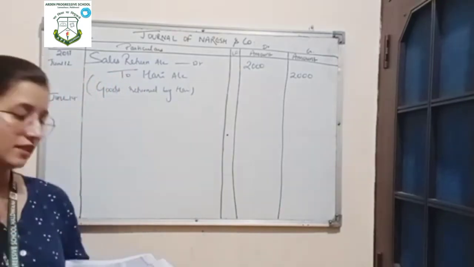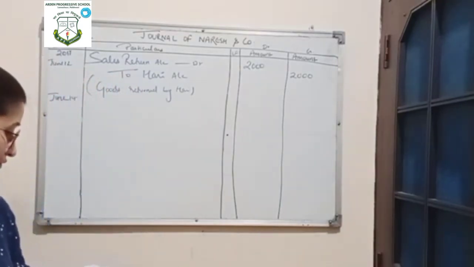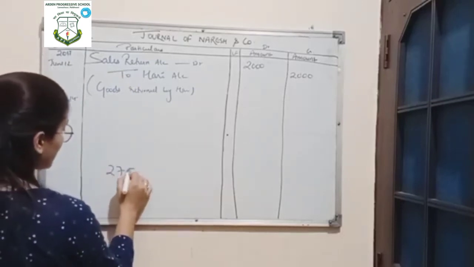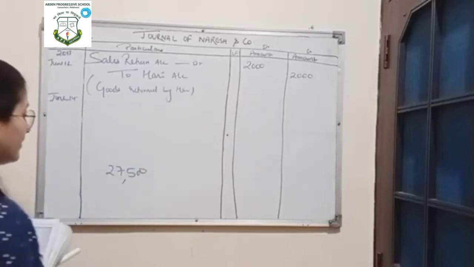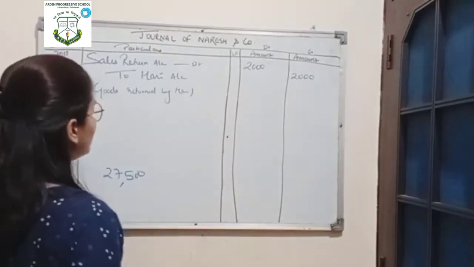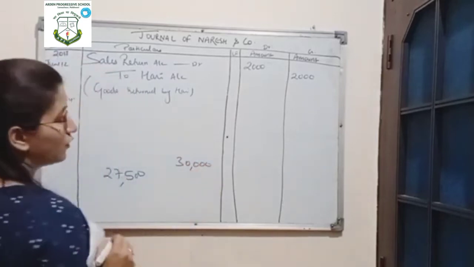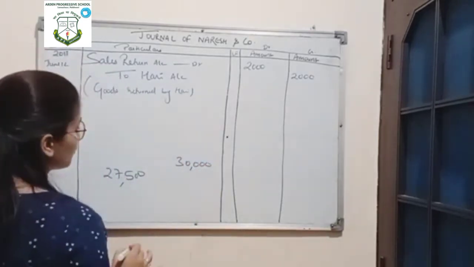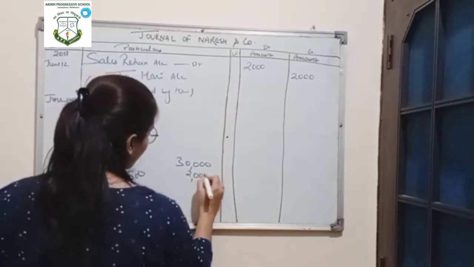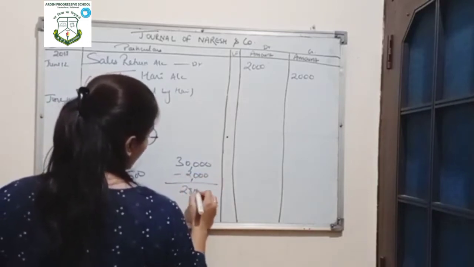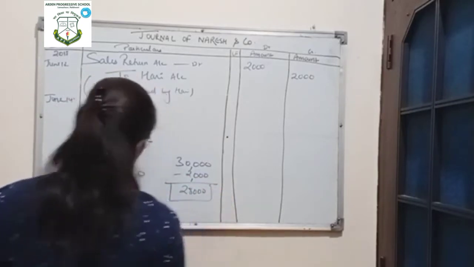Now here the amount which we have received from Harish in full settlement is 27,500. As we have sold goods to Hari amounting to rupees 30,000, out of which goods amounting to rupees 2,000 have been returned by Hari. Now the amount due from Hari is 28,000.